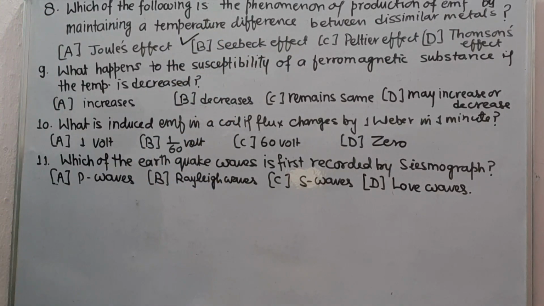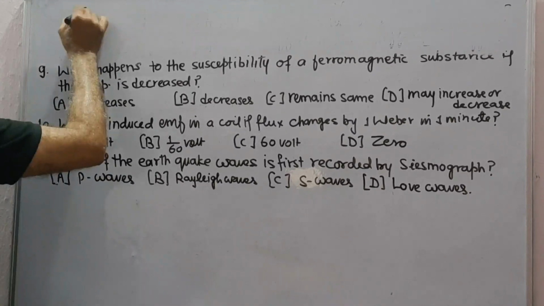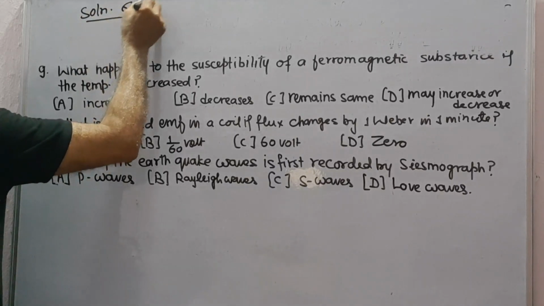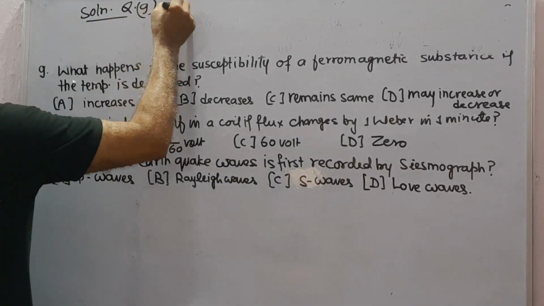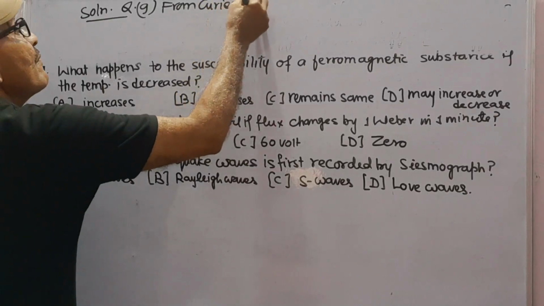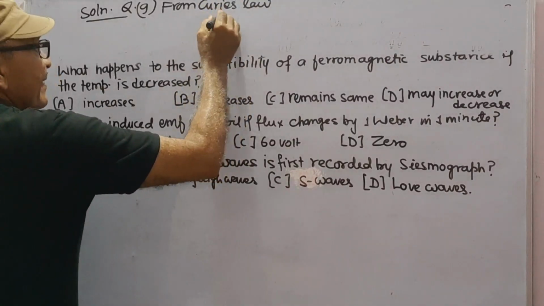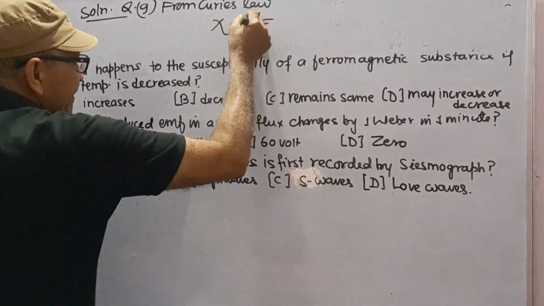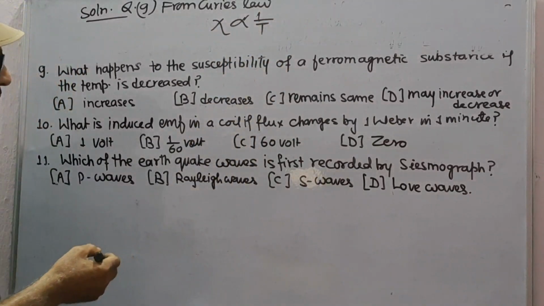Question number 9. What happens to the susceptibility of a ferromagnetic substance if the temperature is decreased? Options are these. Solution to question 9. From Curie's law, susceptibility is inversely proportional to absolute temperature.